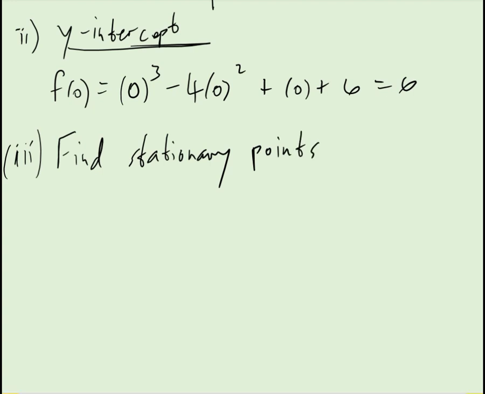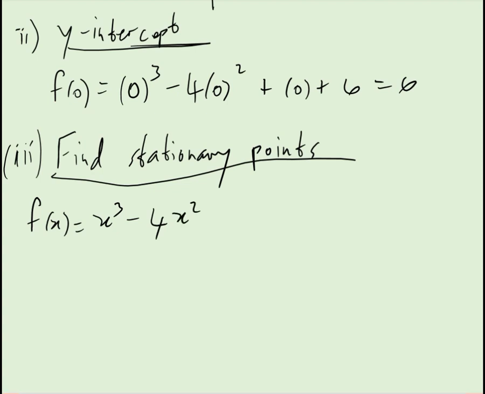So here's the function f of x, which is x cubed minus 4x squared plus x plus 6. Now the first derivative, f prime, and I do have a video where they explain derivatives, is 3x squared minus 8x plus 1.